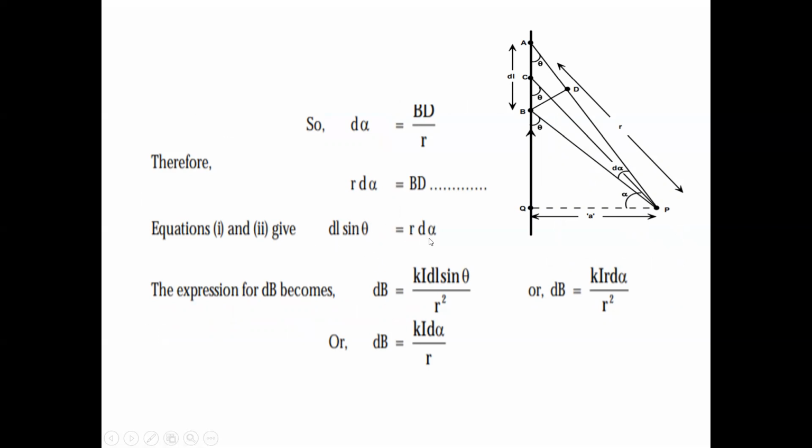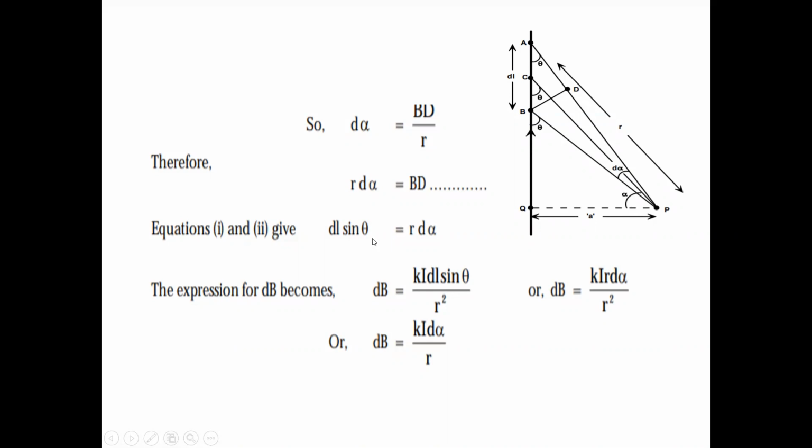dl sin theta is equal to R d alpha. Once again, we write the Biot-Savart's law, that is the expression for dB. The Biot-Savart's law expression is dB equal to K i dl sin theta by R square.